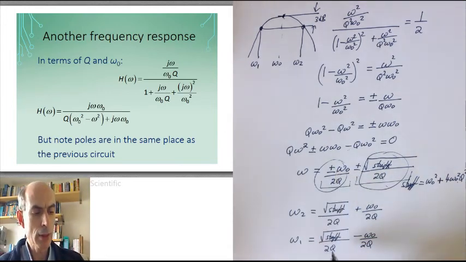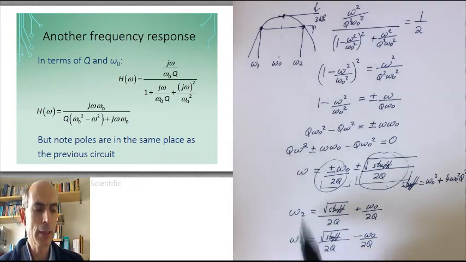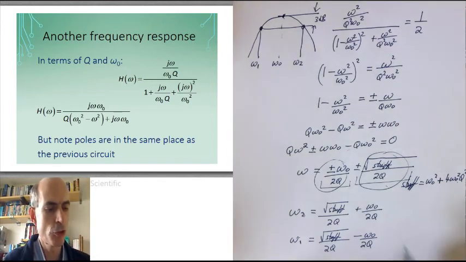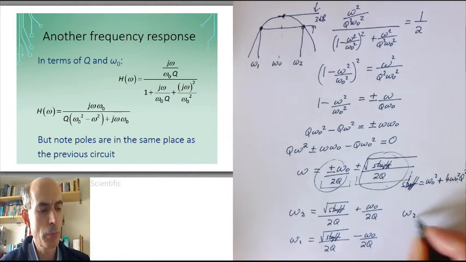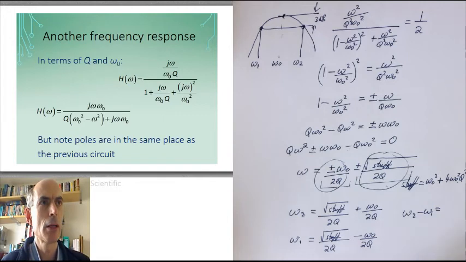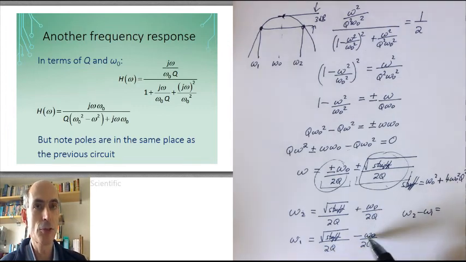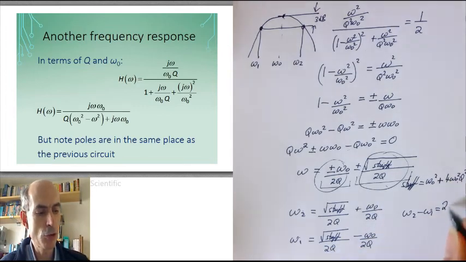Now, I can't work out the individual frequencies without working out the stuff, but I can work out the difference between them. Because if I just wanted to know what omega 2 minus omega 1 was, I could just take this minus this. These terms in stuff would cancel out. I would just get this term minus this term, but that would be 2 omega naught over 2Q.